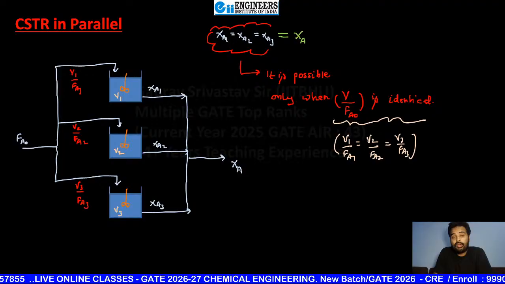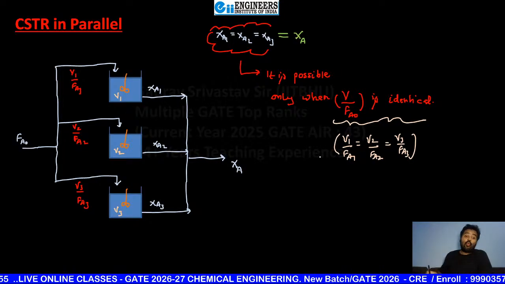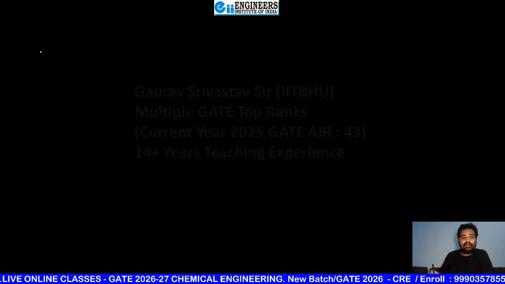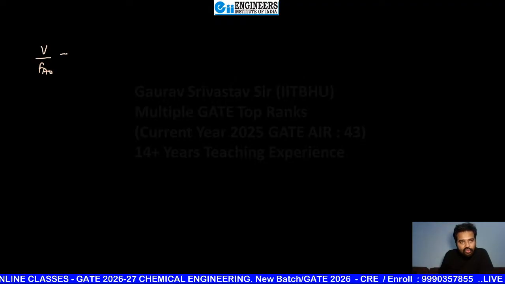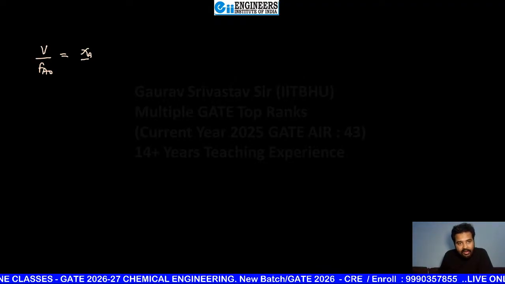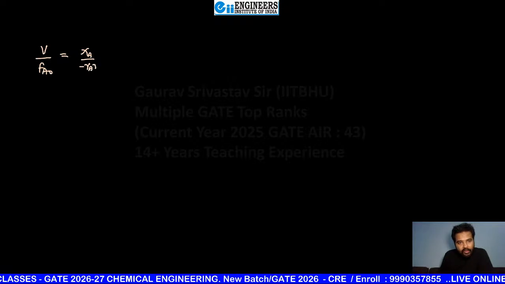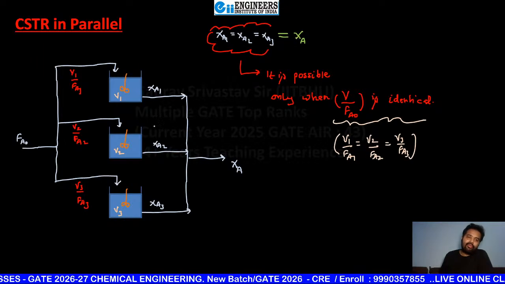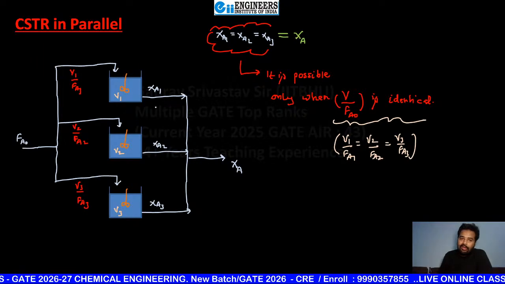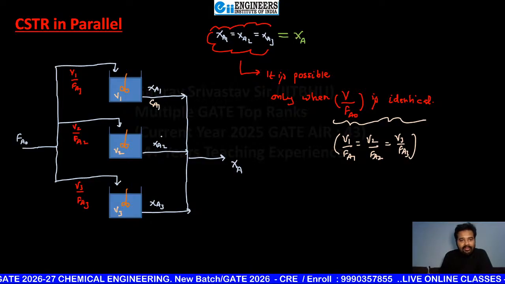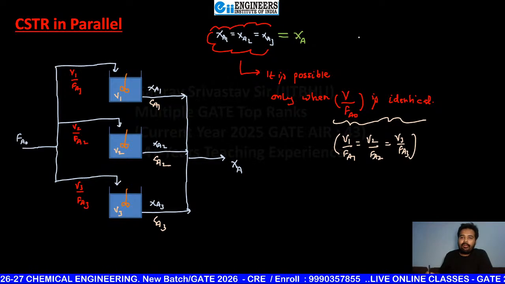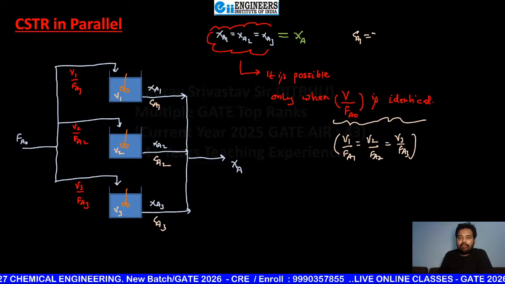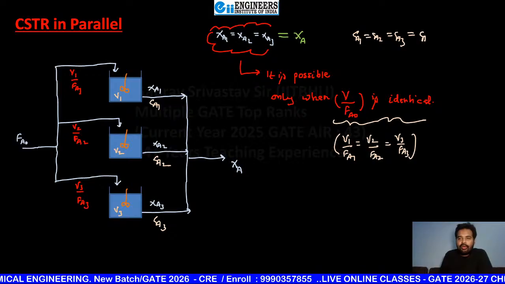Now, why sir? Why is it so? See son, the design equation is V by FA naught equals XA by RA. Now one thing is crystal clear: if the conversion is the same, clearly the exit concentration will remain the same, CA1 equals CA2 equals CA3, or you can write CA.